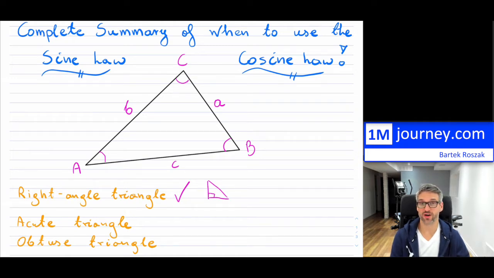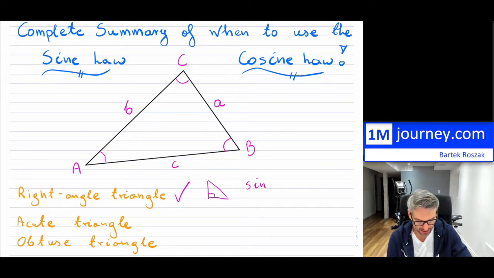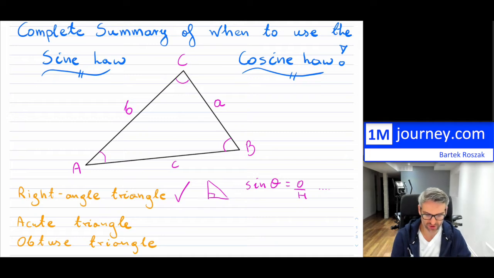Just simply use the trigonometric ratios, because remember that sine of an angle, let's say sine of one of the angles A, B, or C, is simply opposite over hypotenuse. You can do the same thing for cos and then for tangent. So whenever it's a 90-degree, right angle triangle, don't use sine law or cosine law. Just go ahead and use the actual trigonometric ratio. That's the first thing I would want to tell you.